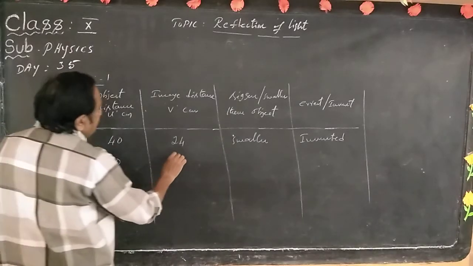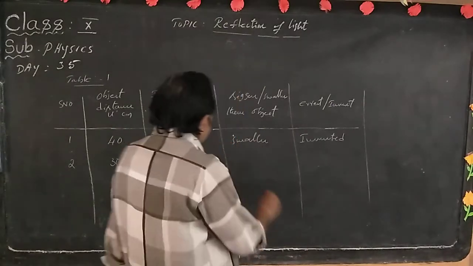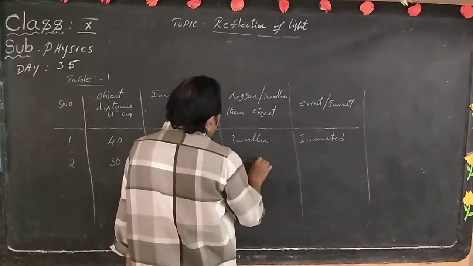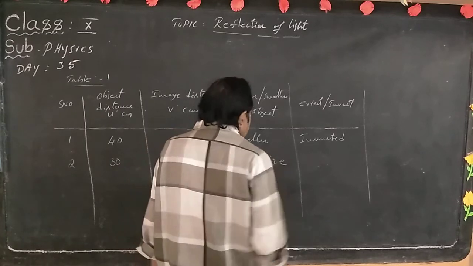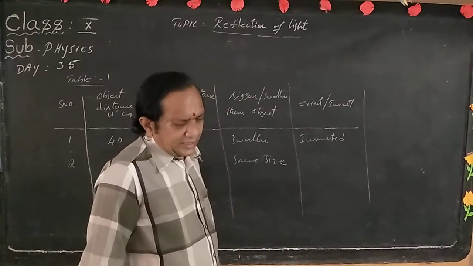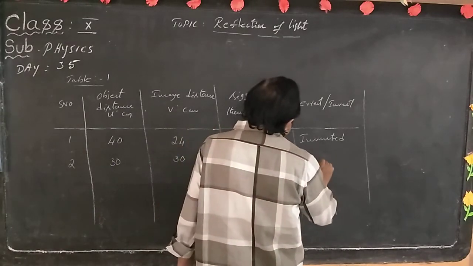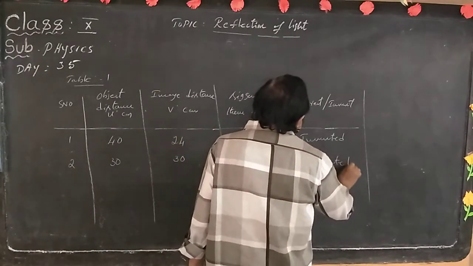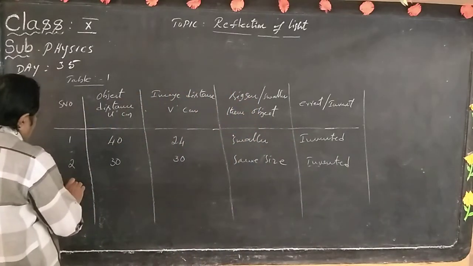Next we change the distance to 30 centimeters. The image is also formed at 30 centimeters, so it is the same size as the object, and it is inverted. Next, the distance is reduced to 20 centimeters.